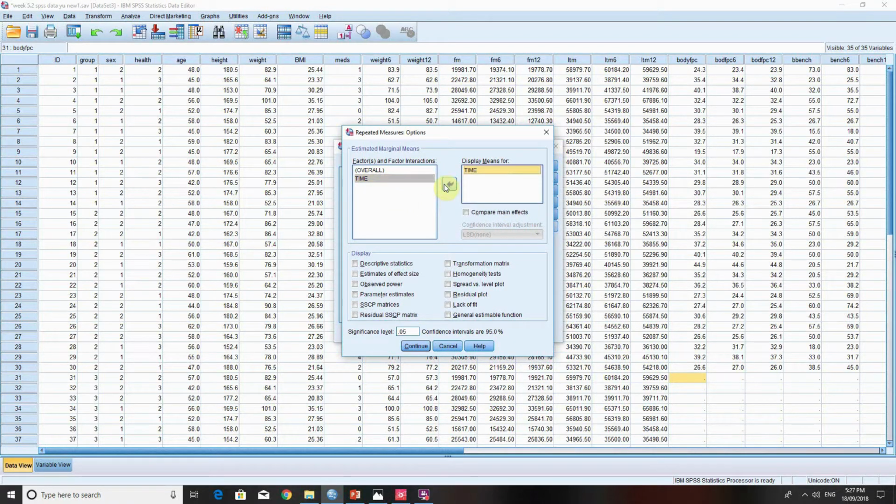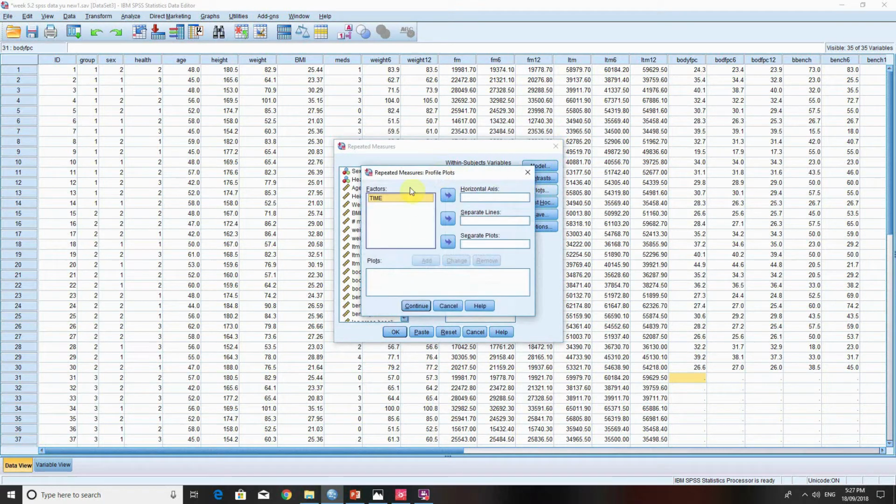We then need to click Compare Main Effects and Bonferroni. So remember, for a two-way ANOVA, repeated measures ANOVA, and ANCOVA, we're using Bonferroni. The only test we use a Tukey test for is the one-way ANOVA. I'm also going to click on Descriptive Statistics to get that one.